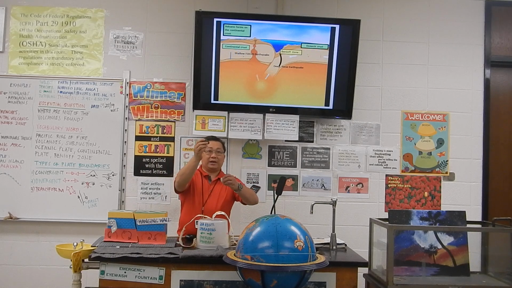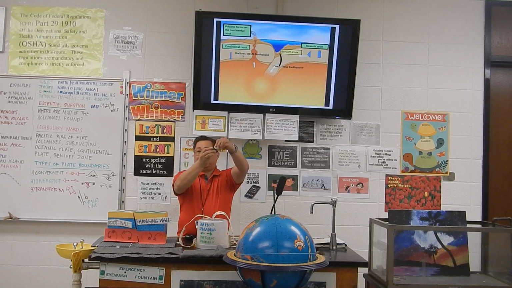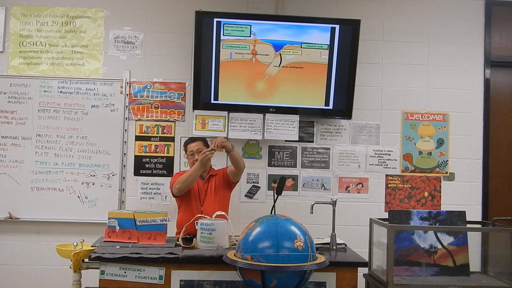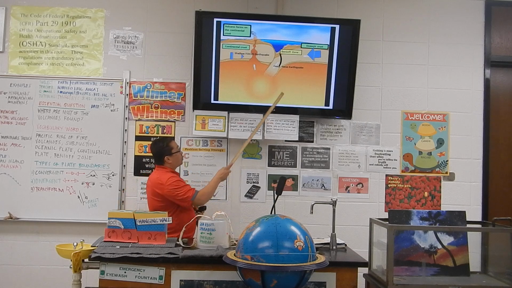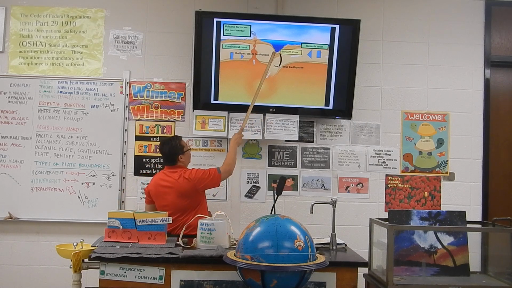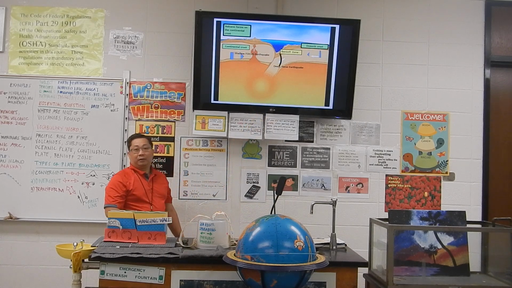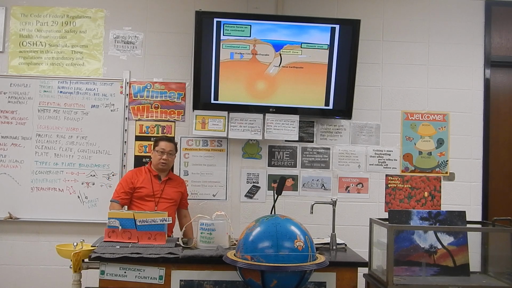The oceanic crust and the continental crust get stuck, the pressure builds up, and when the rocks cannot withstand it, they break. That area where the pressure builds up is called the Benioff zone, and this is the location of most earthquakes.